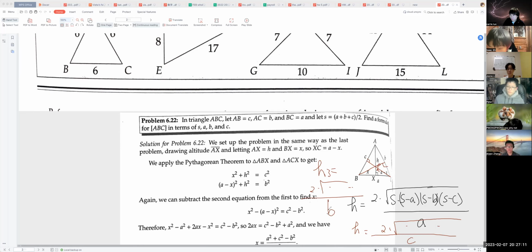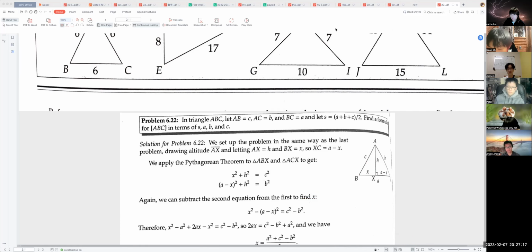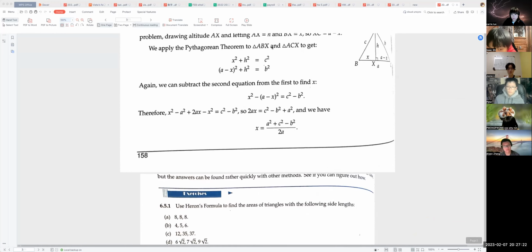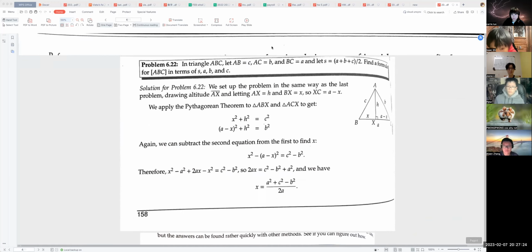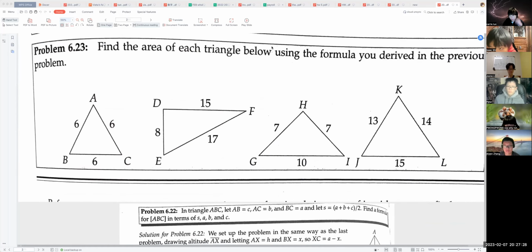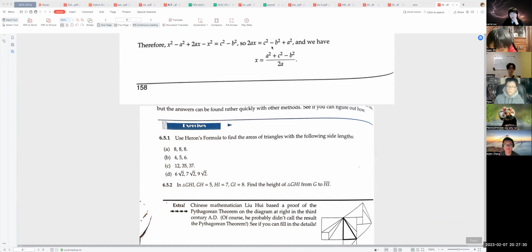I wouldn't understand. So I'm talking about how to use the formula and how to calculate with it. Okay, oh yeah, I see. Okay, so let's take a look at this one. The previous one is too simple, we won't do it. So we're going to directly use Heron's formula to find the area of the triangle with the following sides.